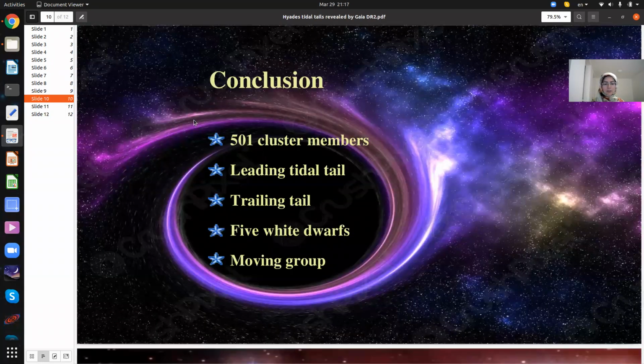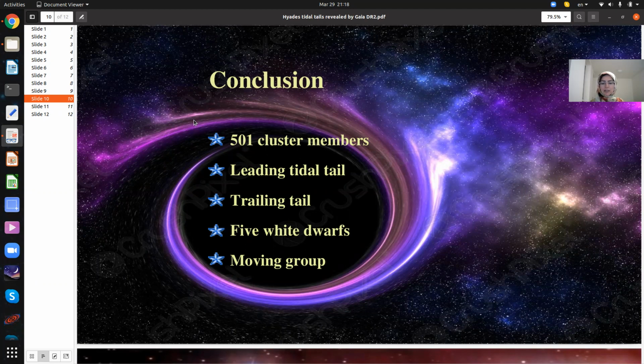In conclusion, we can say that using the data from Gaia Data Release 2, they searched for the presence of Hyades tidal tails in a sphere of 200 parsec radius around the sun. They found 501 cluster members within 2 tidal radii, 18 parsec, from the cluster center, with a possible field star contamination of 7.